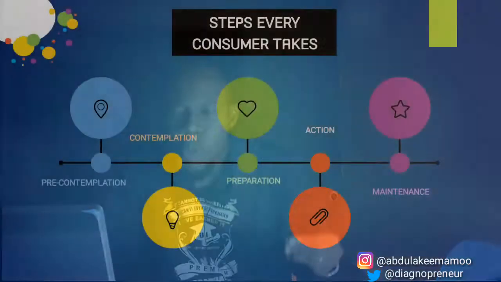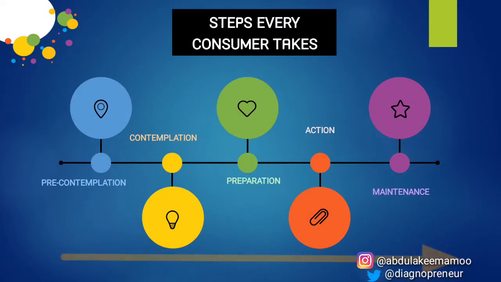They want to know why it is worth it to dip their hands into their pocket, to bring out the dollars, the naira, to give to you, for you to give them whatever you want to give them. So make sure you play that into their heads so that you can successfully move them from the contemplation phase to the preparation phase.